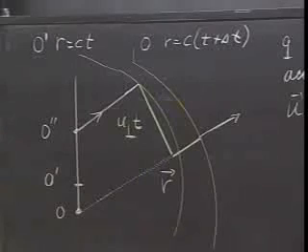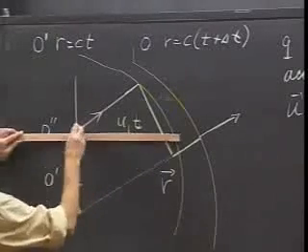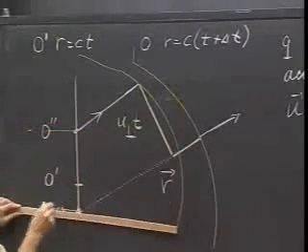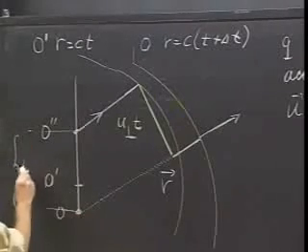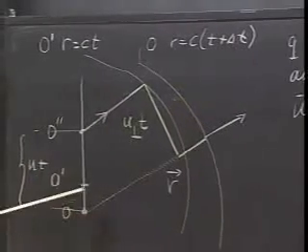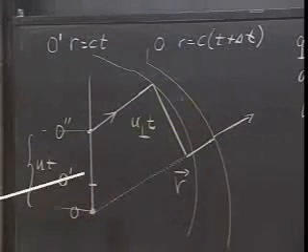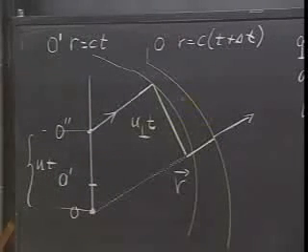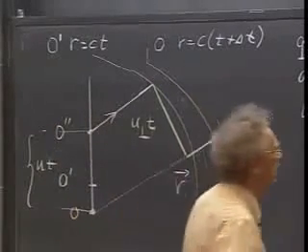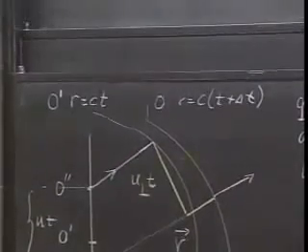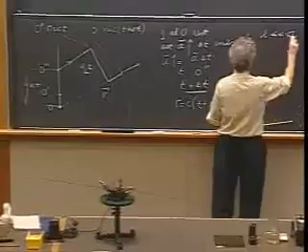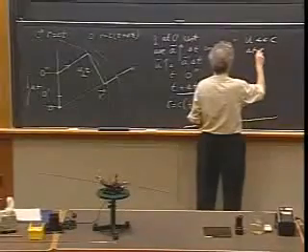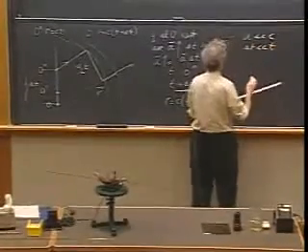You can easily see why that is the case, because this distance here is ut. Now you may say, well, it wasn't going with velocity u here. I grant you that, but keep in mind, in whatever follows, that u is way, way smaller than c. Delta t is way, way smaller than t.